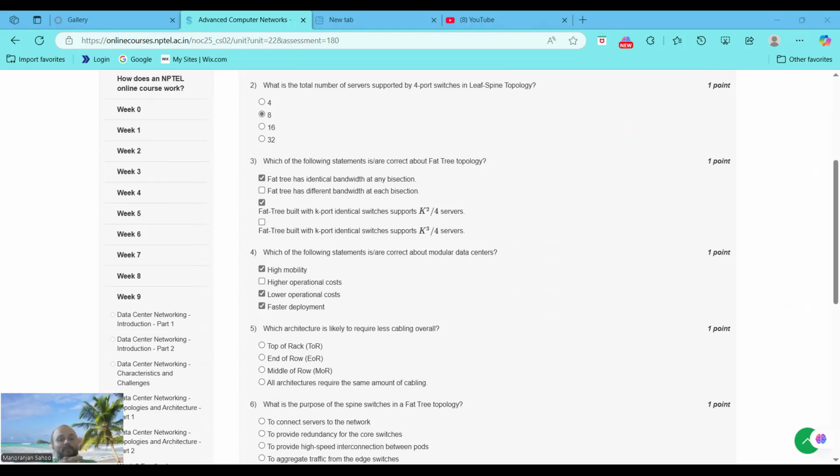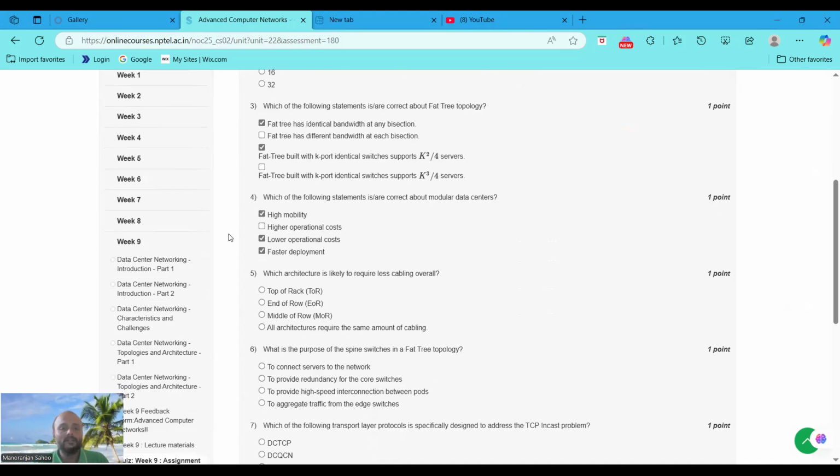Is it true? Yes, because of energy efficiency and scalability. The third one is faster deployment. It is true because prefabricated modules enable rapid setup. The last one, option B, is a false statement because modular data centers are designed for efficiency, reducing cost. But on the other hand, it is mentioning high operational cost, so it is a false statement.